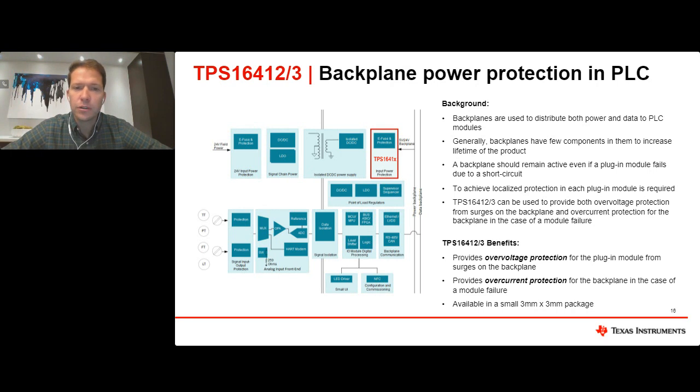So it can help to prevent the backplane module from being overburdened from the inrush current. Additionally, the device is available in a very small 3mm by 3mm package, so it can really be used as a small component that doesn't take up much board space to provide this critical protection.